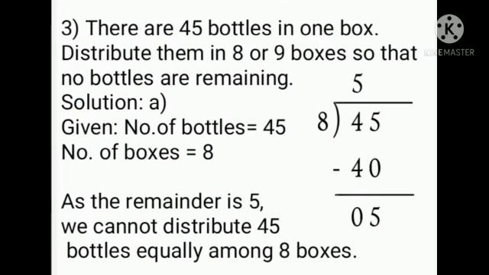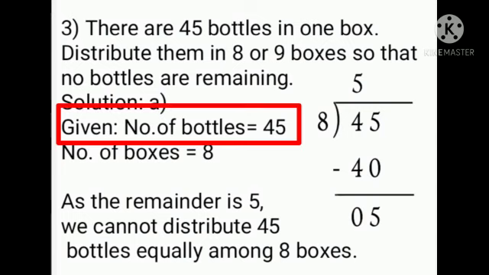Let's see next one. There are 45 bottles in one box. Distribute them in 8 or 9 boxes so that no bottles are remaining. So first we are going to divide the number 45 by 8 and then we are going to divide it by 9. So let's start with the solution.